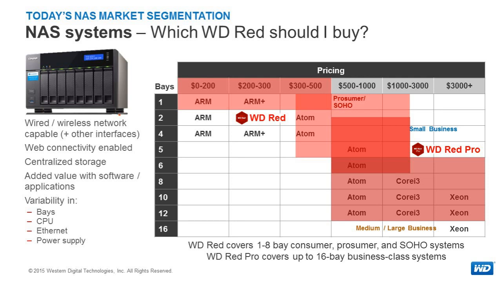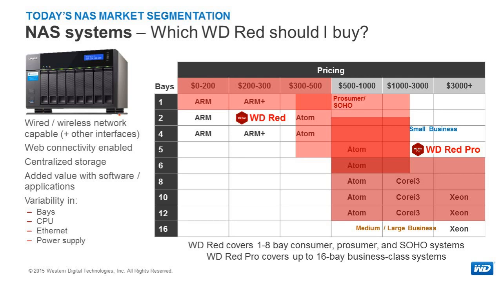But just from a positioning point of view, you can see the WD Red would be in really the 6 to 8 bay type of system and below. And it's more typically targeted at systems that have an Atom type processor, Atom or even less.